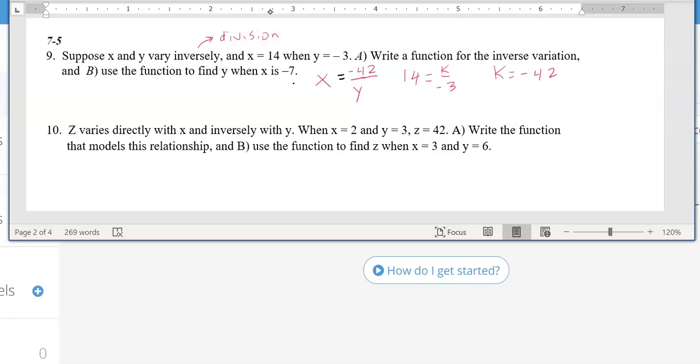Don't forget to do this on your test. Show me this equation and then actually use it for part B. Use the function to find y when x is -7. So -7 equals -42 divided by y. I can multiply both sides by y.